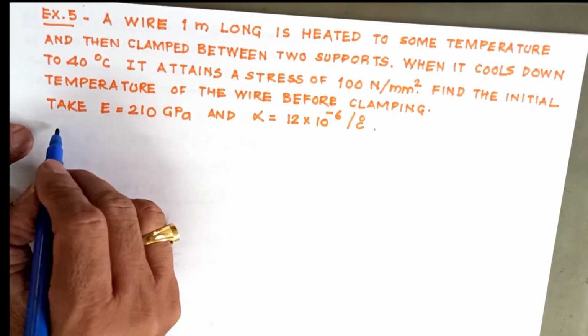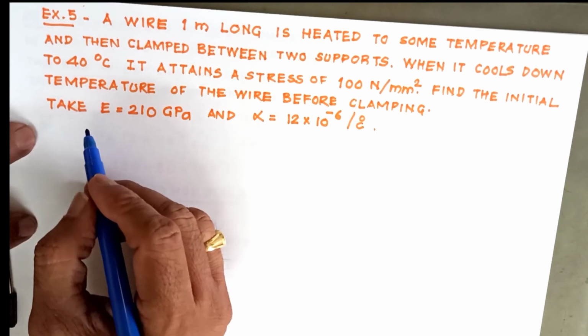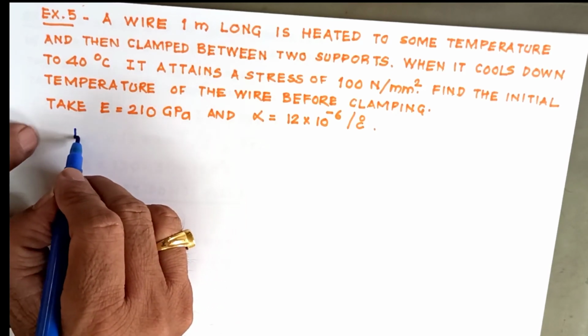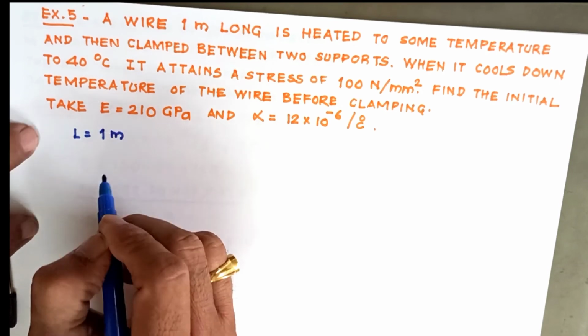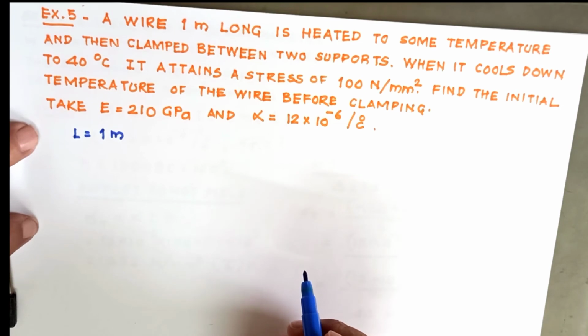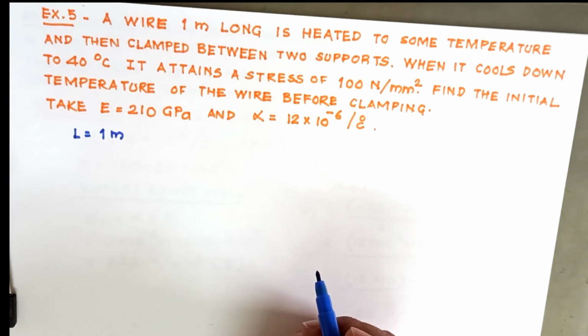What are the things given that we will first list out? Length of the wire is given, 1 meter. It is heated to some temperature and then clamped.